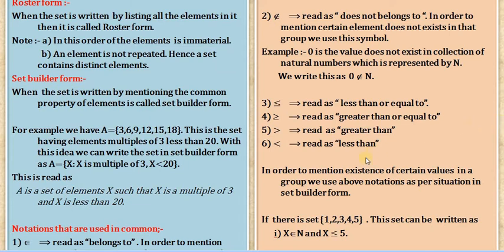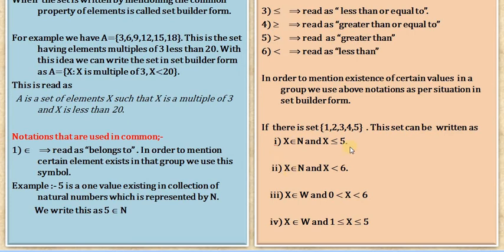Okay. Now, if there is a set 1, 2, 3, 4, 5, this set can be written as x belongs to N and x less than or equal to 5, because the values are up to 5, and 5 is also existing, so you write x less than or equal to 5.